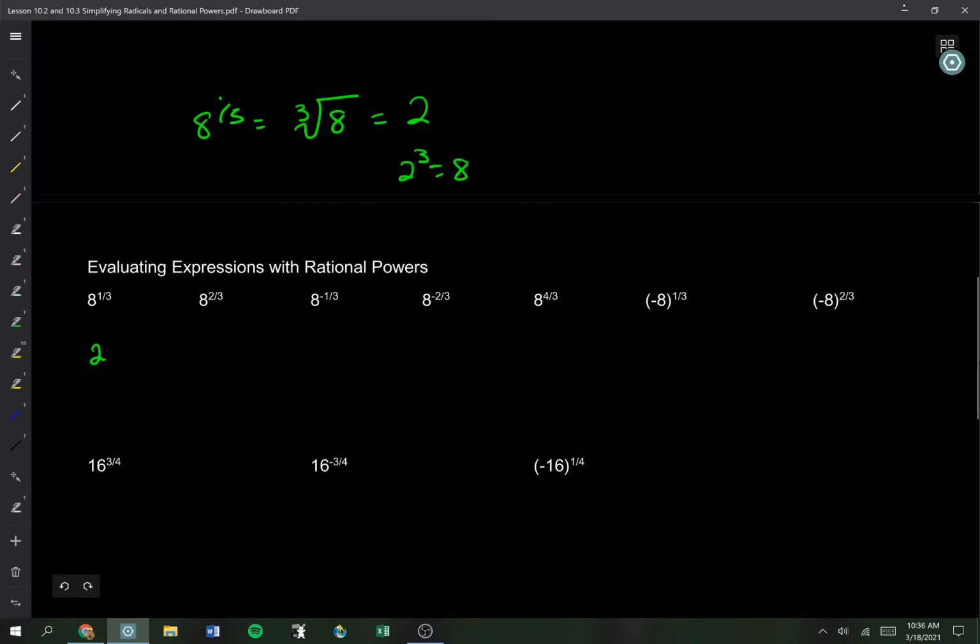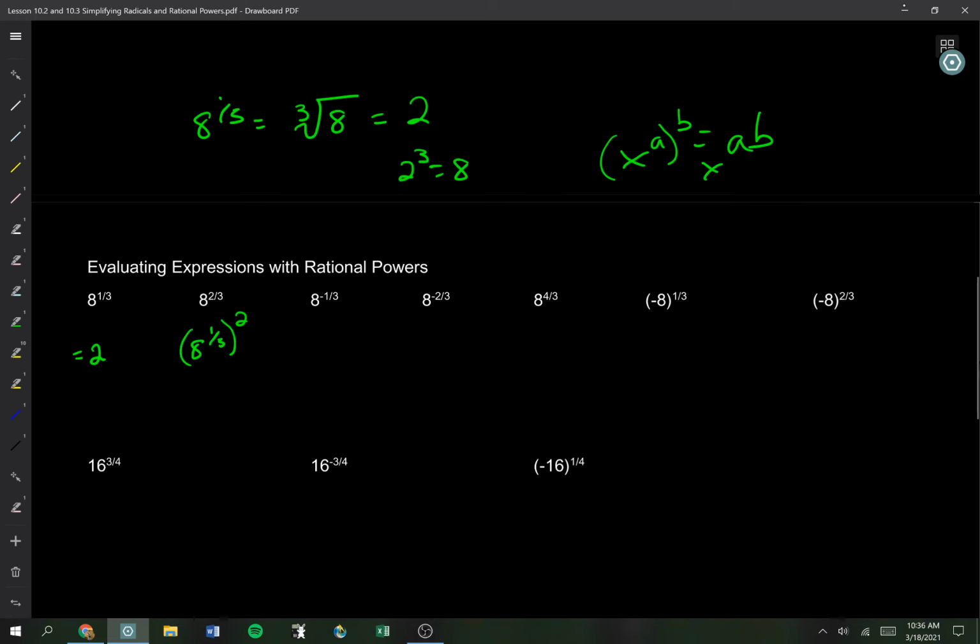Well, since 8 to the 1/3 equals 2, 8 to the 2/3 I can think of as being 8 to the 1/3 squared, because of that property that we just talked about, how x to the a to the b equals x to the a times b.